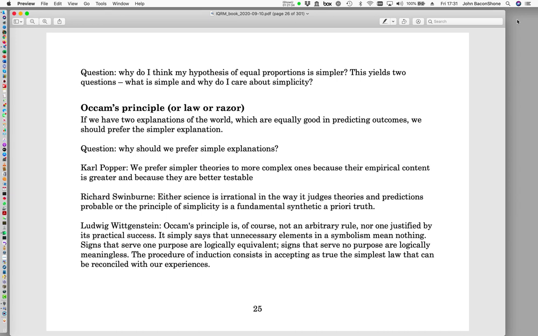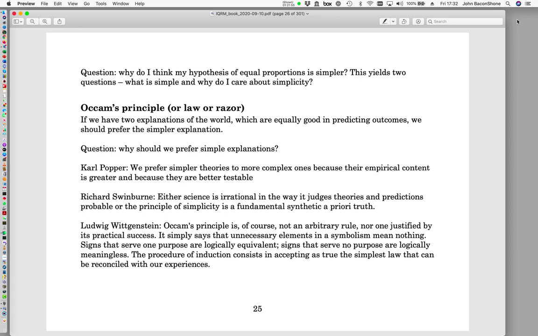So Karl Popper is probably the most famous philosopher of science who ever lived. And Karl Popper said, we prefer simpler theories to more complex ones because their empirical content is greater and because they are better testable.